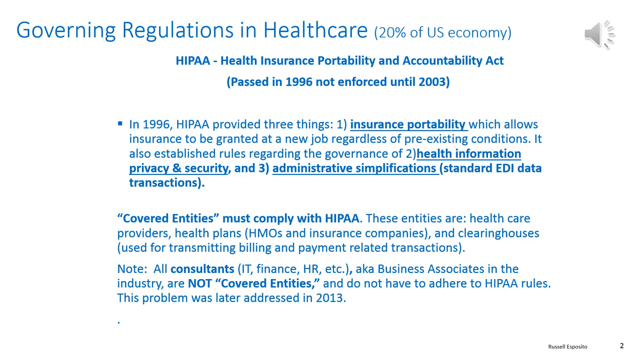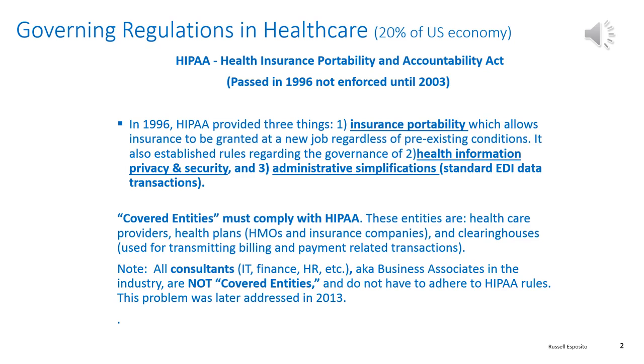It also provided privacy and security regulations. Security meaning the technologies, the safeguards to protect the information, and privacy meaning giving the patient the ability to control who gets the information. So we'll talk about that a little bit later, the difference between privacy and security.